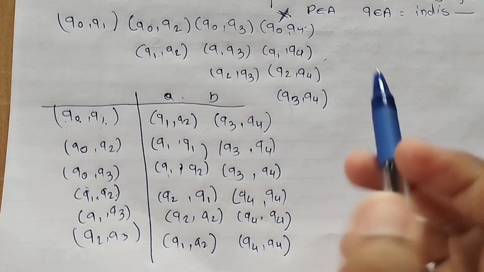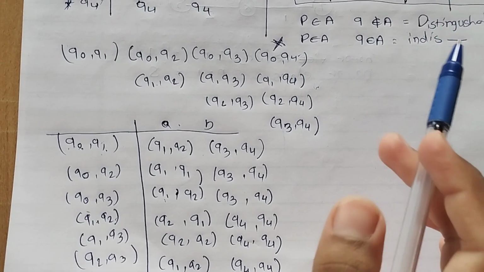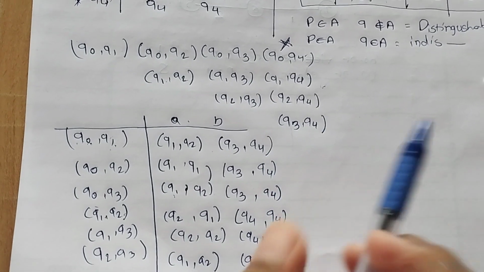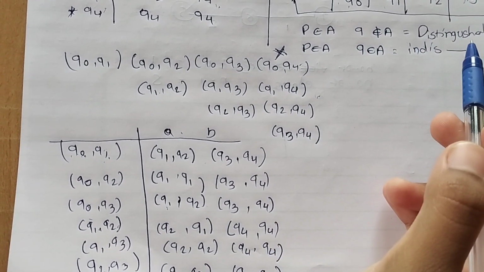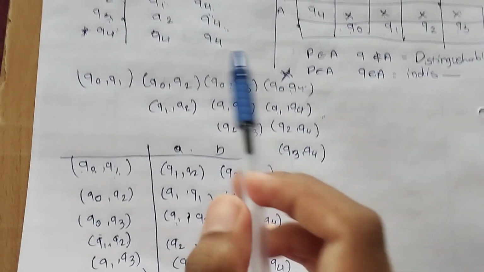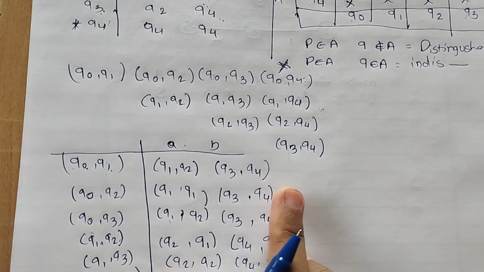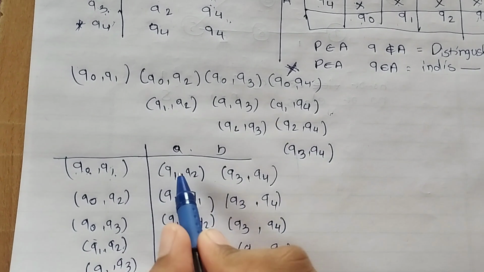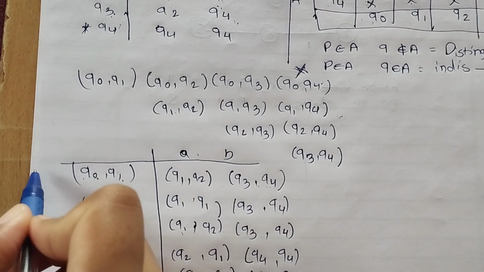Then we cross again the distinguishable pairs. A distinguishable pair means one is acceptance and the other is not acceptance. We see Q4 is our acceptance state, so wherever a single Q4 is present we cross that pair. In this first pair Q4 is present in B, so we cross it.